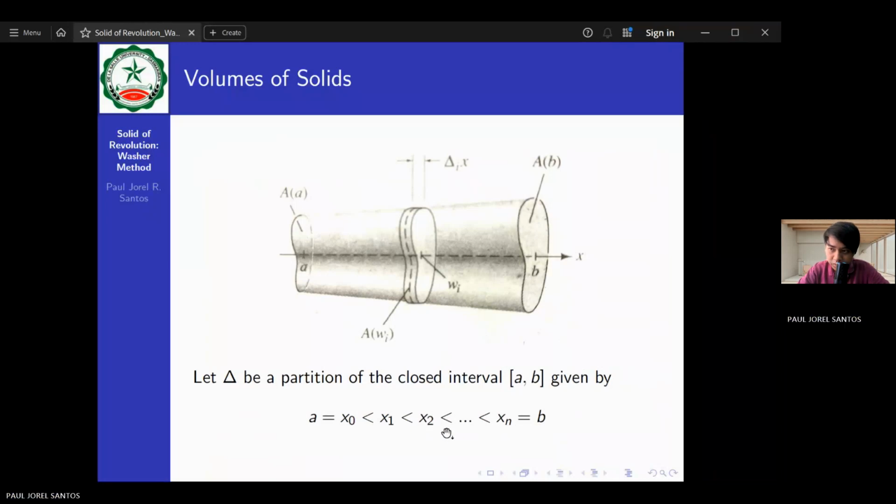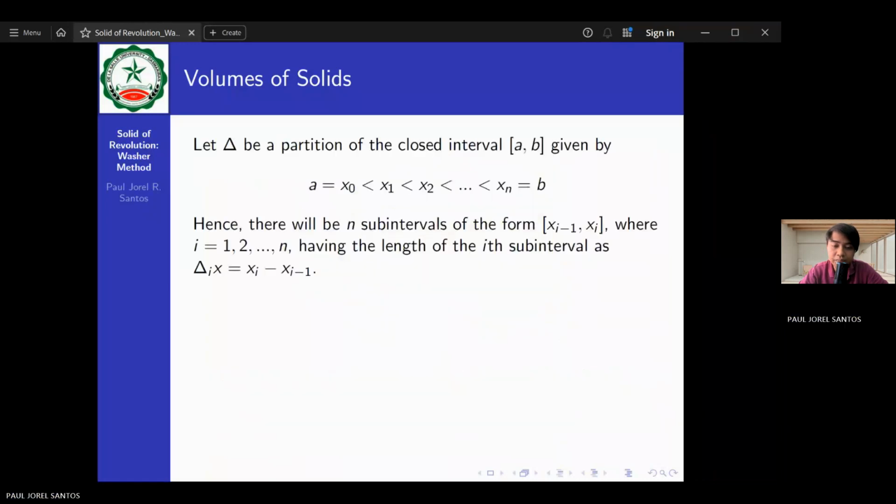Any numbers between are denoted by x sub 1, x sub 2, up to x sub n minus 1. This implies that there will be n subintervals of the form x sub i minus 1 up to x sub i.